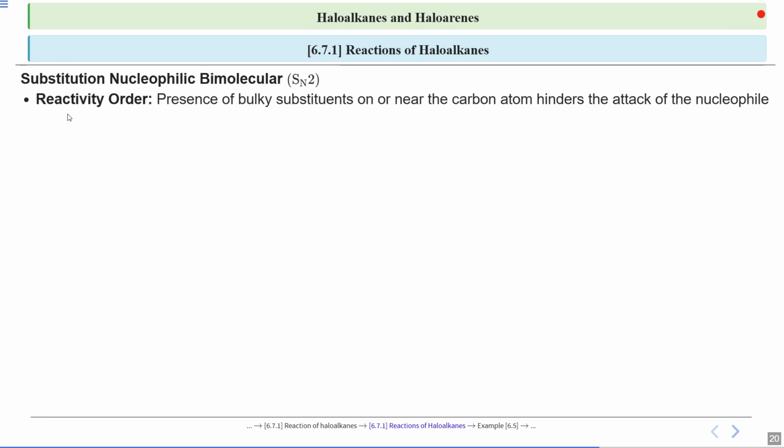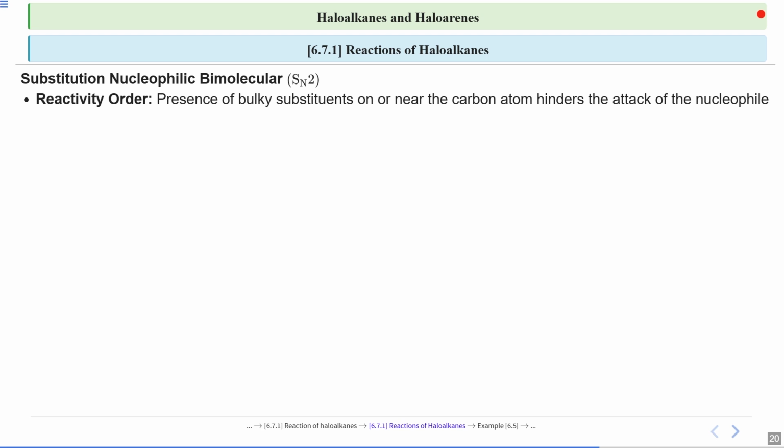Reactivity order, if you talk about the reactivity order of the SN2 reaction. So the presence of bulky substituents on or near the carbon atom hinders the attack of the nucleophile. Because in this reaction, there is no formation of a carbocation, right? So that means in the SN2 reaction, the reactivity does not depend upon carbocation stability, right?